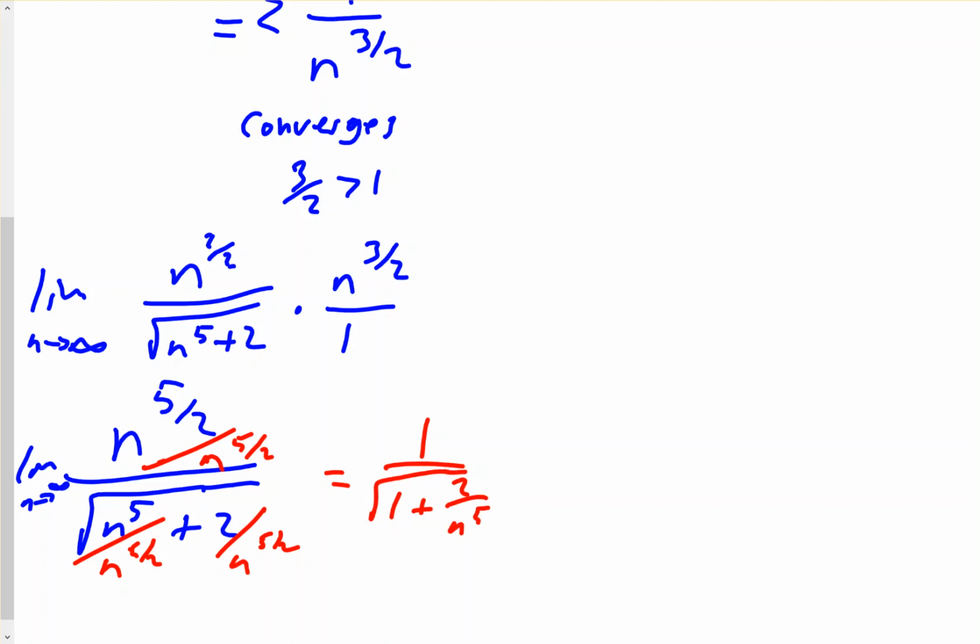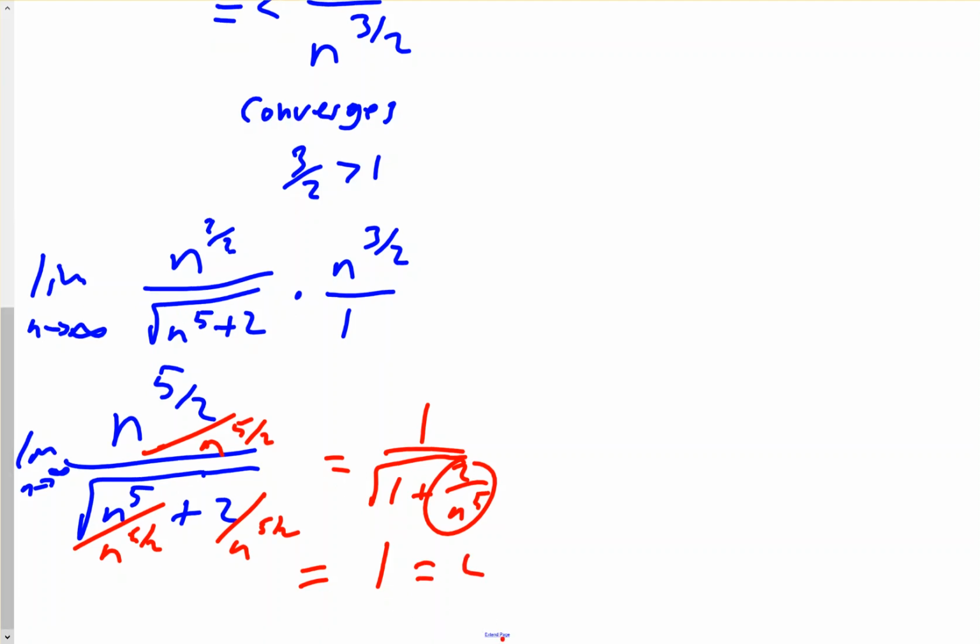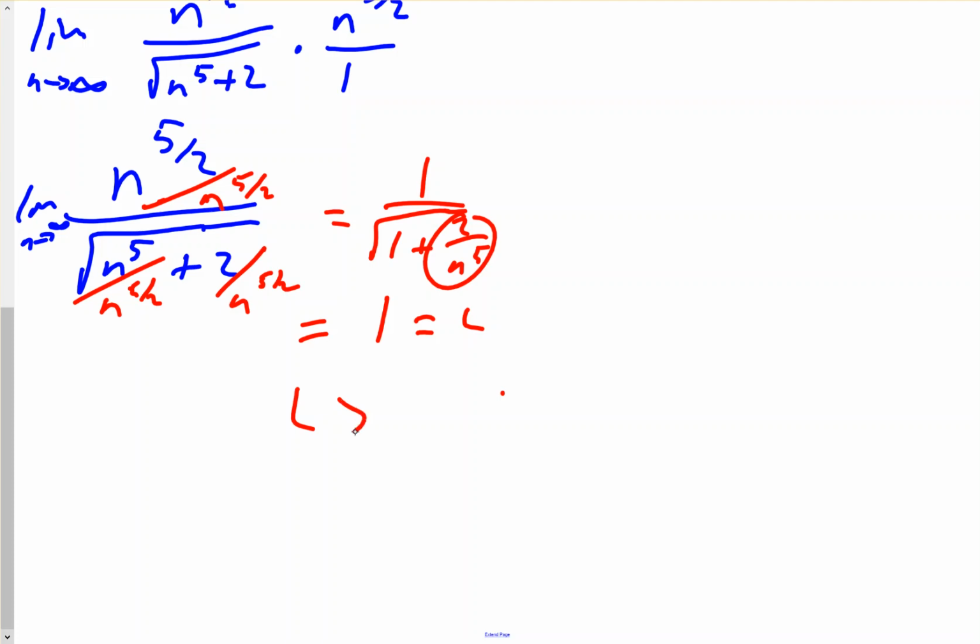Now the 2 over n to the 5th, that'll go to 0. So we just end up with 1 over 1, right, which is our limit. And this limit is greater than 0. Okay, which tells us that if we have a limit and the limit is greater than 0, then bn and an act the same.